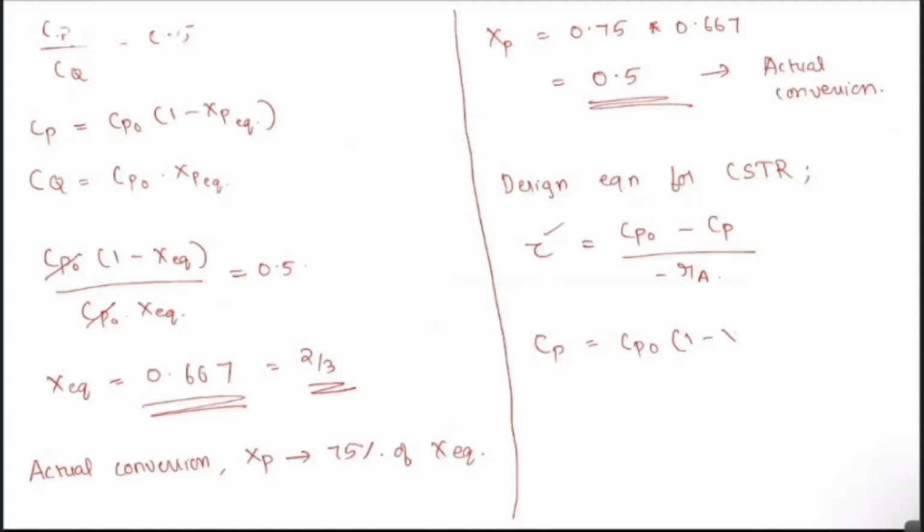We just found out that Xp is 0.5, and Cp0 is 1. So Cp will be 1 into 1 minus 0.5, and that is 0.5. So now we have Cp0, we have Cp, and we have the equation for Rp, which is Cp minus 0.5 Cq. To complete this equation, we also need to find Cq.